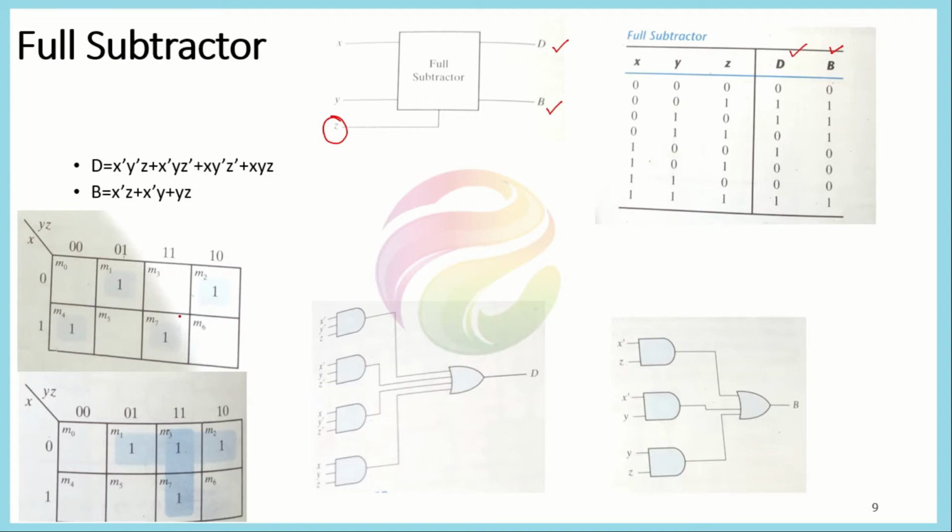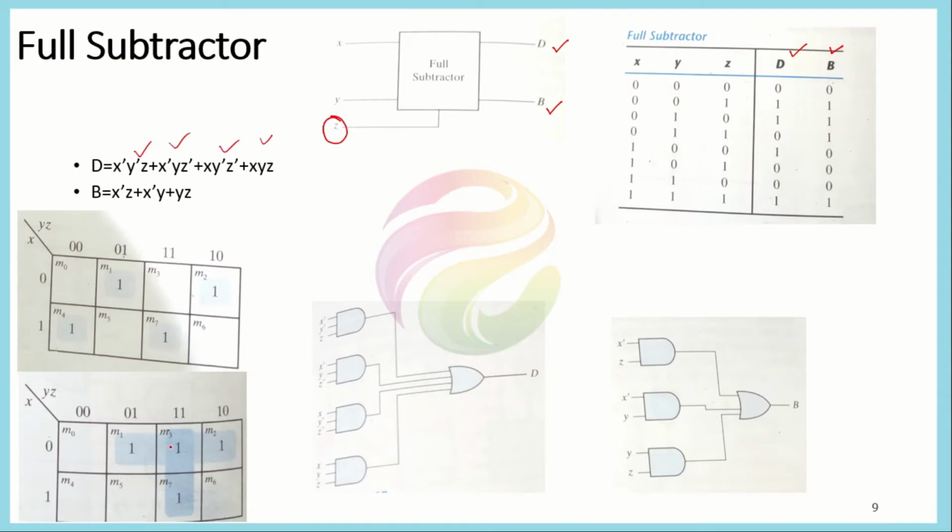If you see this K-map, there are 4 ones here, but none of the ones is adjacent. Each one represents a different box which is not adjacent to any other one. So there could not be a further minimization of this circuit. So we need to represent the difference in the form of these four minterms.